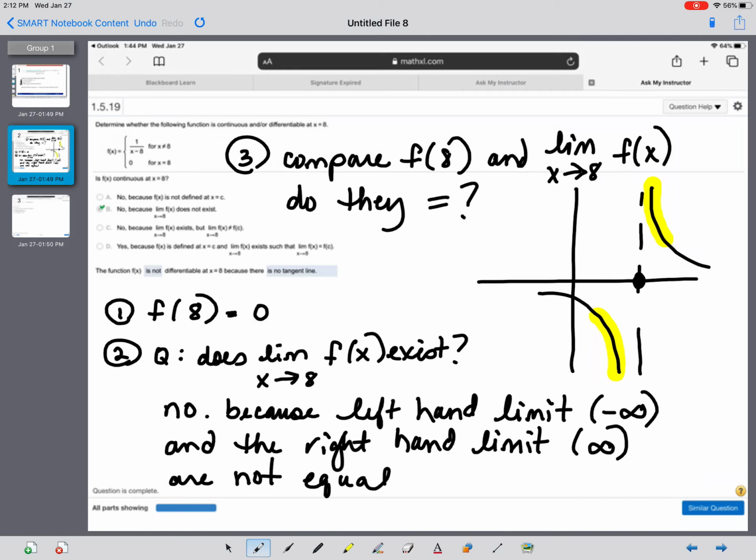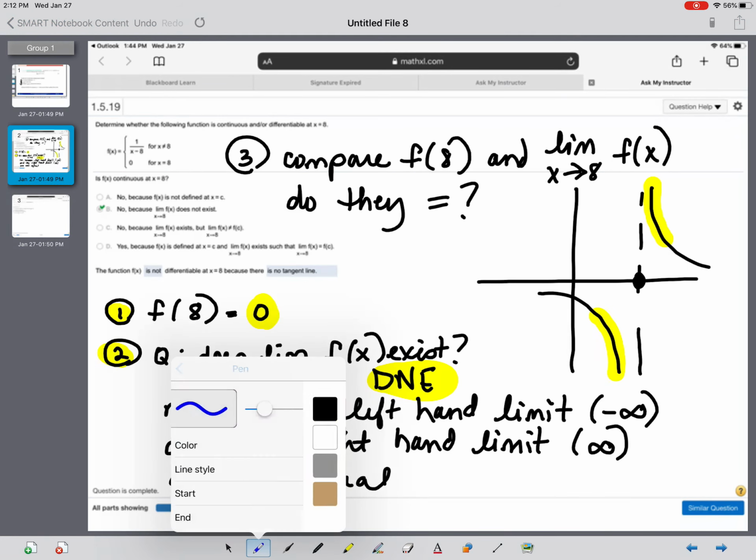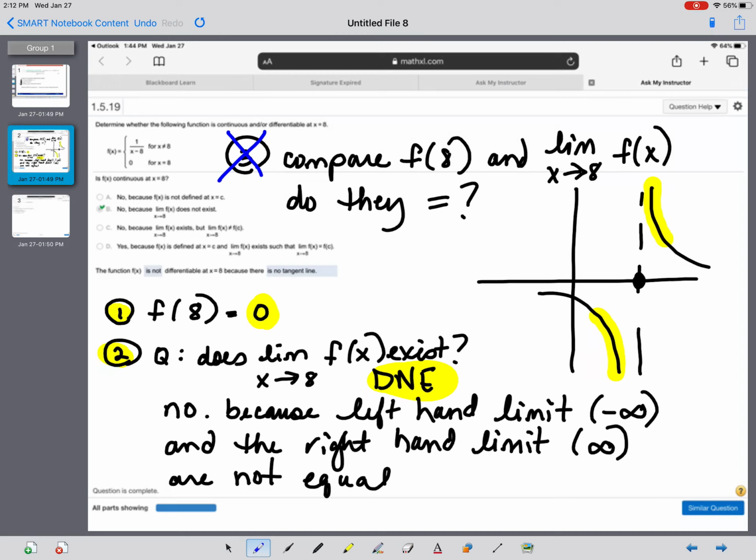In answering the question, are they equal, we look at 1 and 2. f of 8 is 0, and the limit of the function as x approaches 8 does not exist. Because they are conflicting, we conclude that condition 3 fails. And really 2, the limit does not exist, so that fails. So 1 was met, 2 and 3 fail.